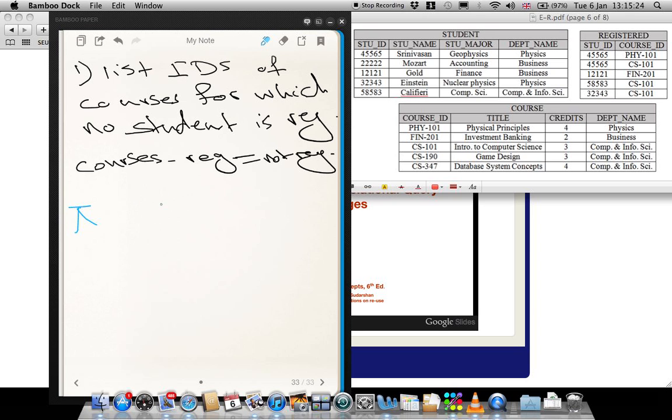So project all the course IDs from table course, minus, we're talking about difference here, project all course IDs from registered.